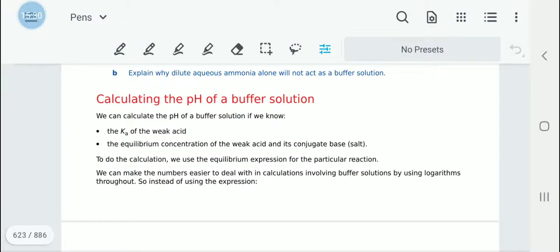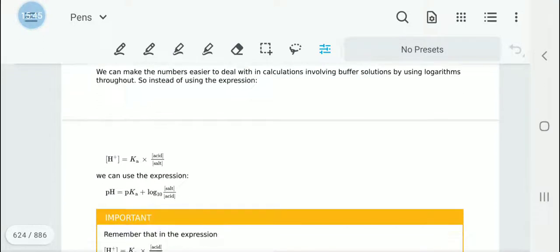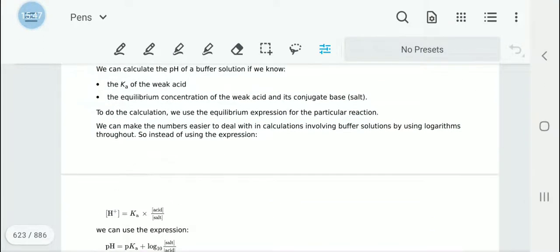If we are to calculate the pH of a buffer solution, we need two things. We need the Ka of the weak acid and the equilibrium concentration of the weak acid and its conjugate base, that is the salt. For example, for ethanoic acid and the ethanoate ion, we would need the concentration of the acid as well as the salt concentration.